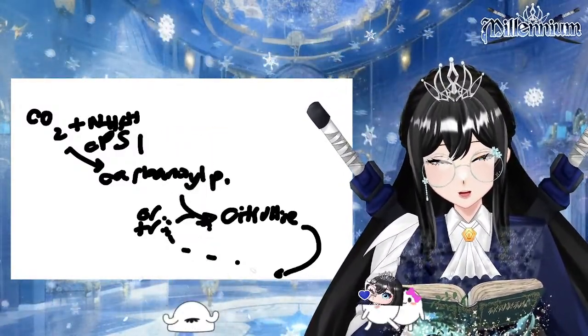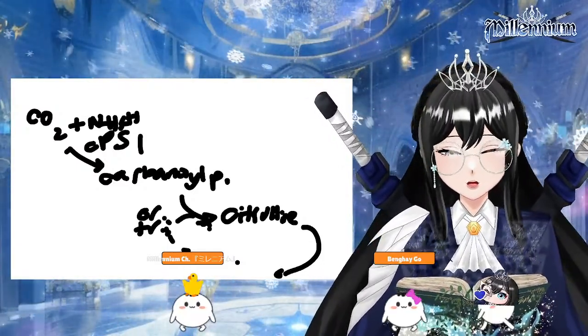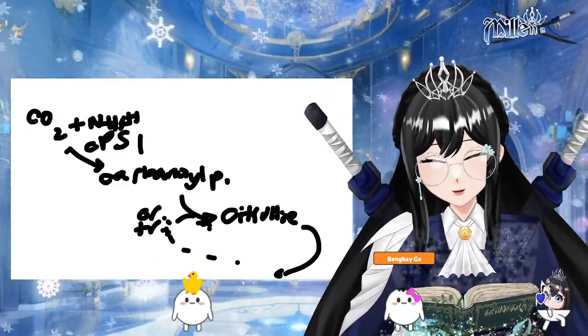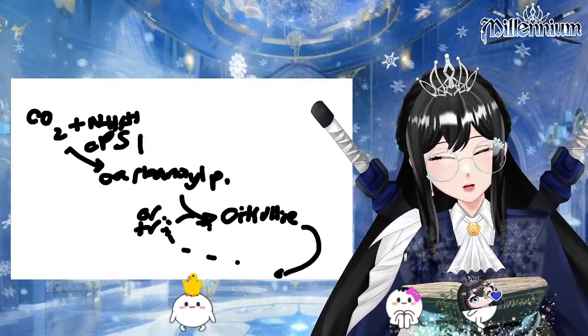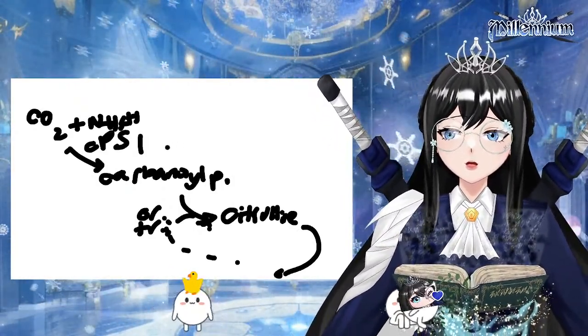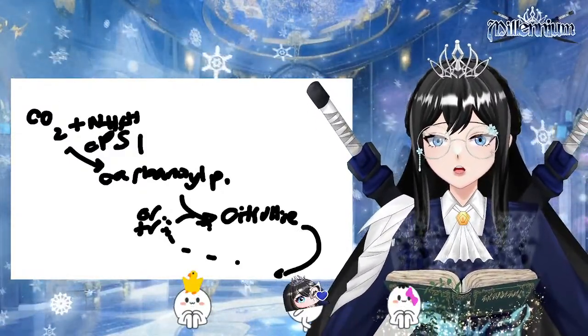IRL magic is science. And yeah, you have one carbon metabolism as well. It involves the transfer of single carbon units in various oxidation states. So we know that we have methyl and methylene, right?